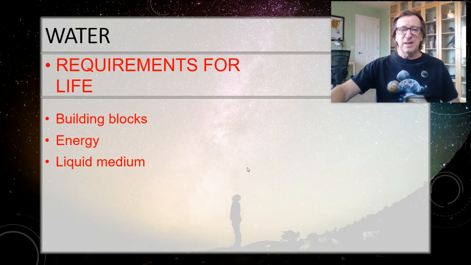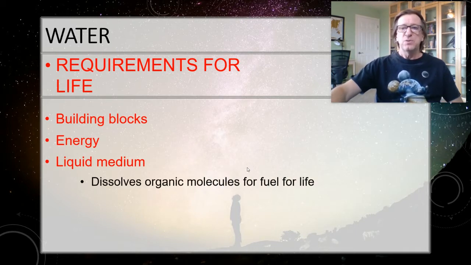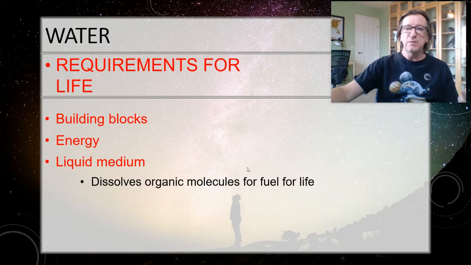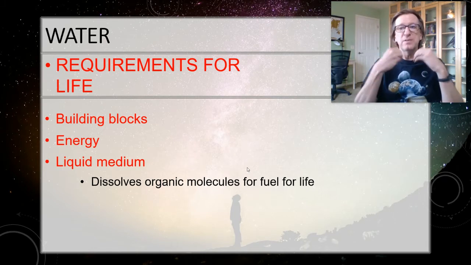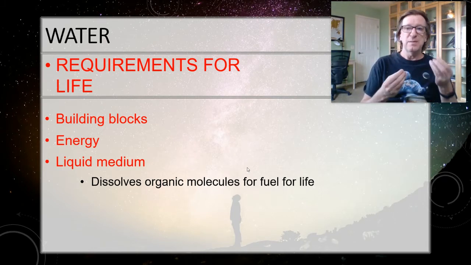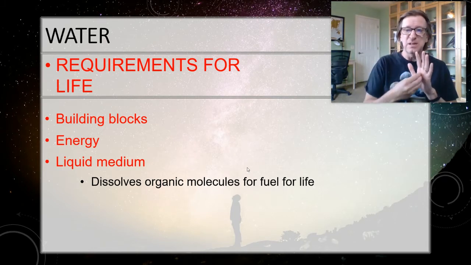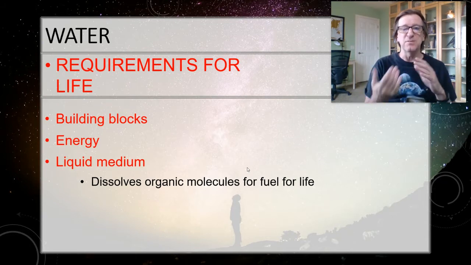So when we talk about that liquid medium, there are a couple of things it needs to be able to do, particularly if we've got a chemically based life form. It's got to take these probably solid molecules and bring them into the cell. Well, those solid molecules themselves are not going to penetrate any kind of cell wall.